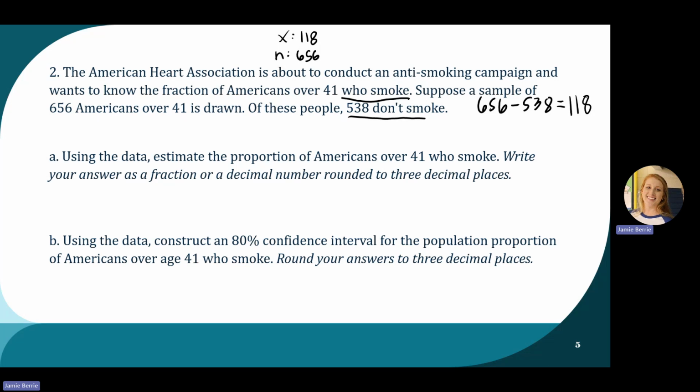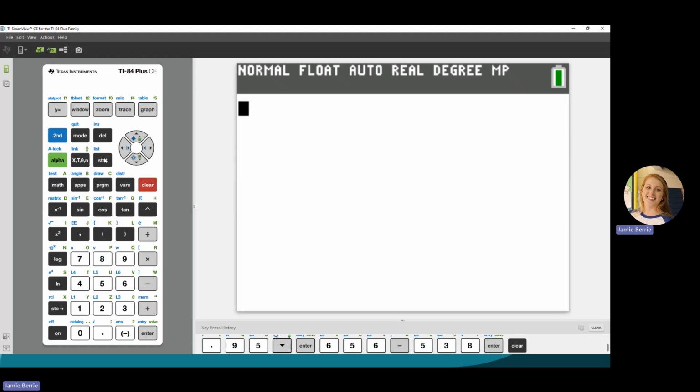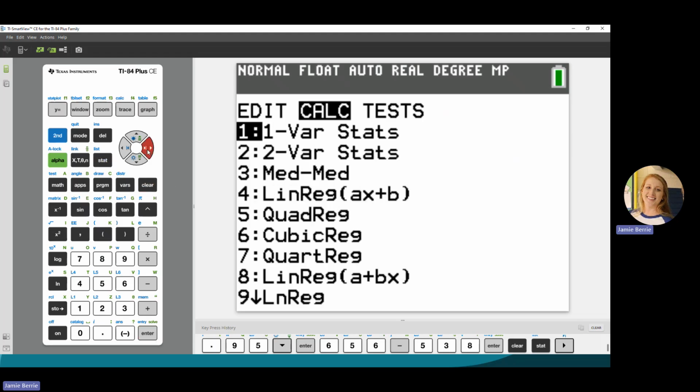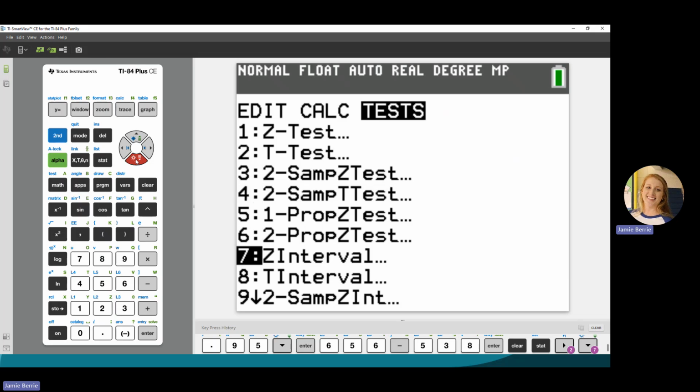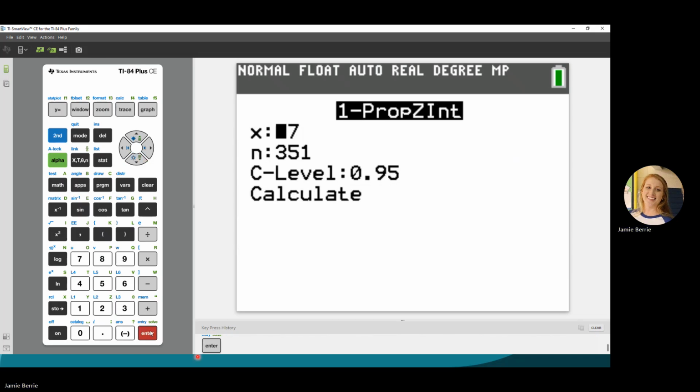All right, so part 1 is to calculate p hat, and then part 2 is to construct an 80% confidence interval. So we're just remembering that number, 80%. All right, so same thing, clear out your screen, stat, go over to test, scroll way down to 1 proportion Z interval, 118, was it 656?